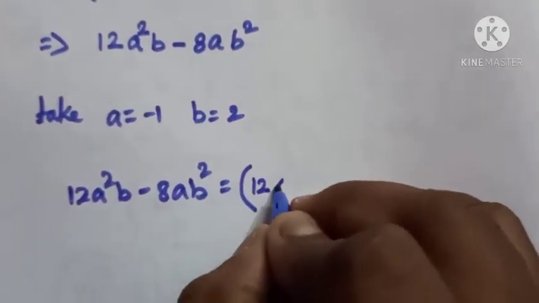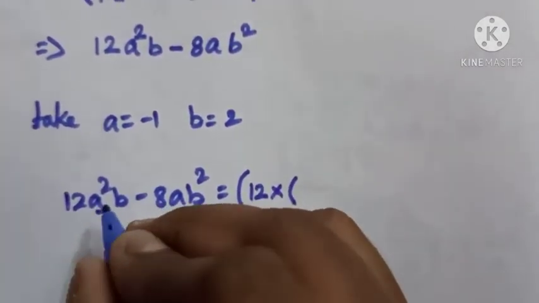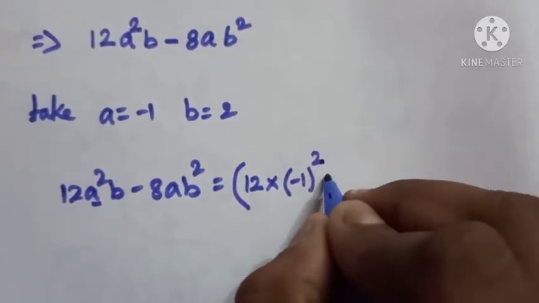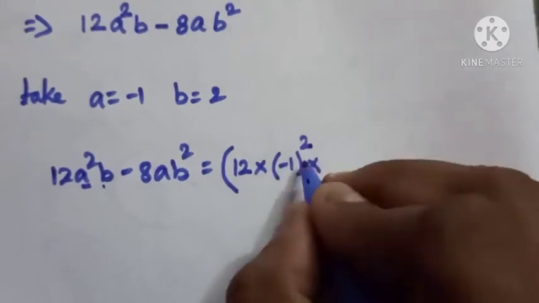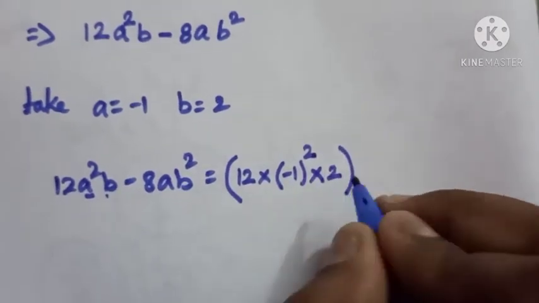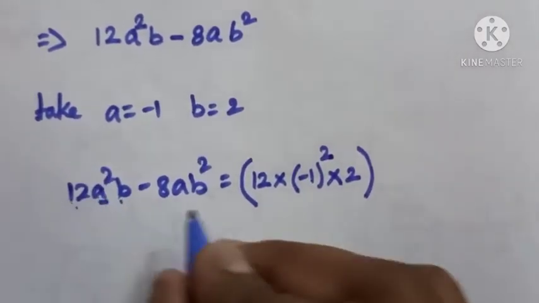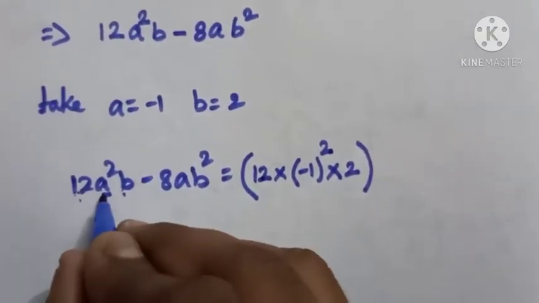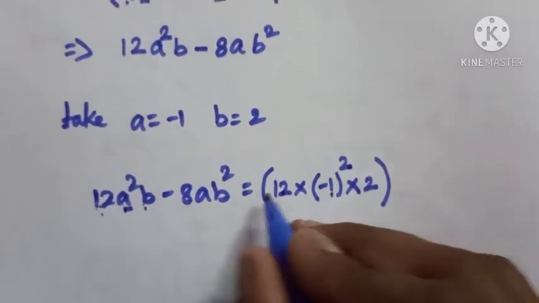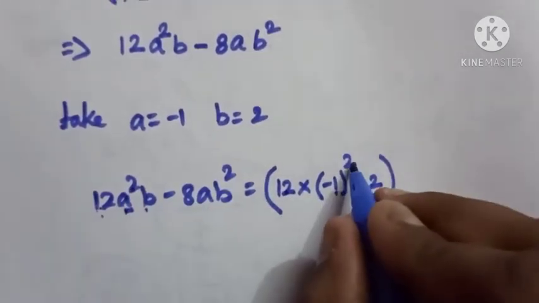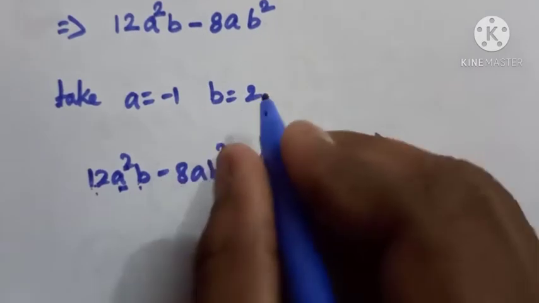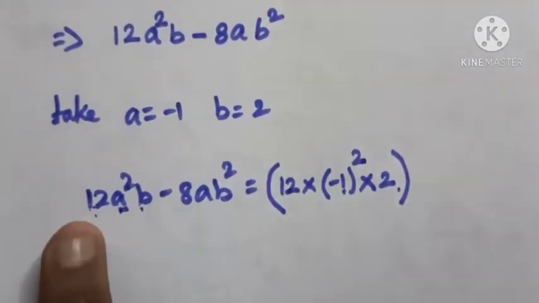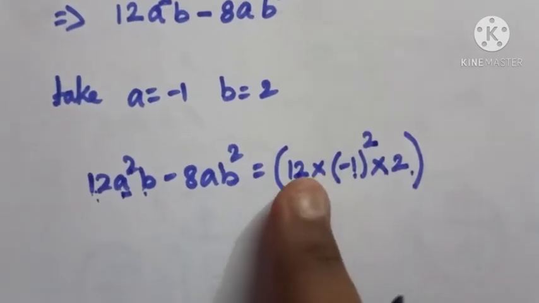So 12 into A square can be written as -1 square, into B, 2. So 12A square B is written as 12, instead of A I substitute -1 with power 2, and instead of B I take 2.